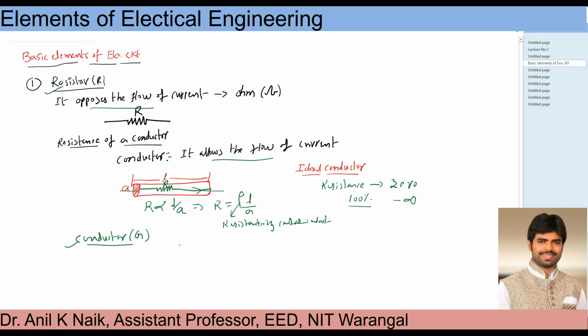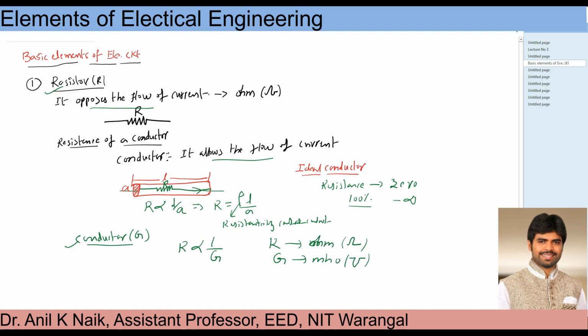So I can write R is inversely proportional to G, where the resistance R is measured in ohms and the conductance is measured in mho. These are the measuring units for resistance and conductance.